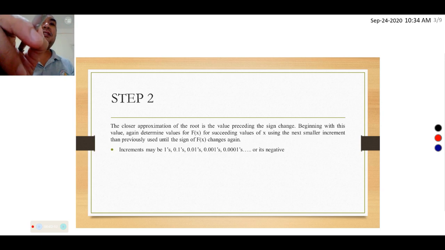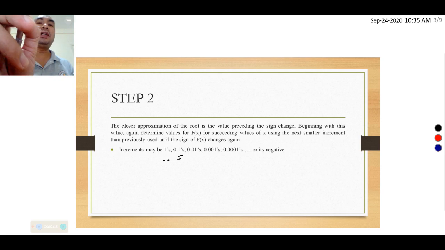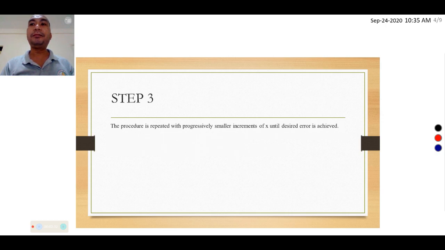So our increments may be in ones, it may be lowered to 0.1, and if again there will be a change in sign, it could be again lowered to 0.01, and so on until you achieve your desired error. So the procedure is repeated with progressively smaller increments of x until the desired error is achieved.